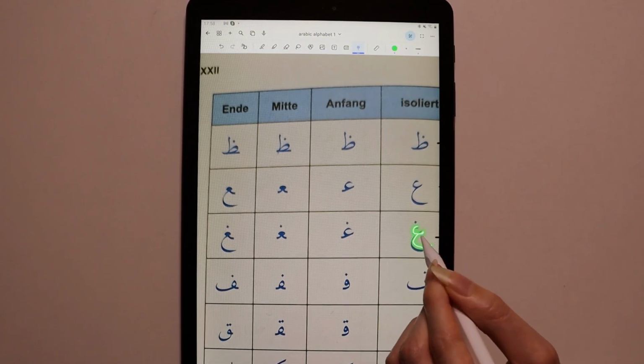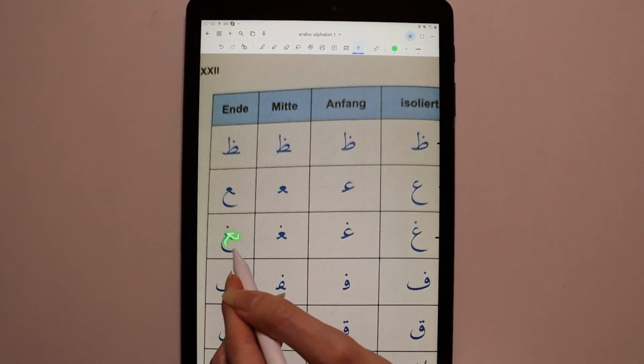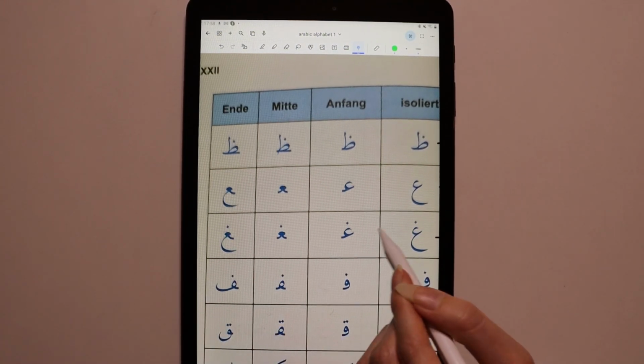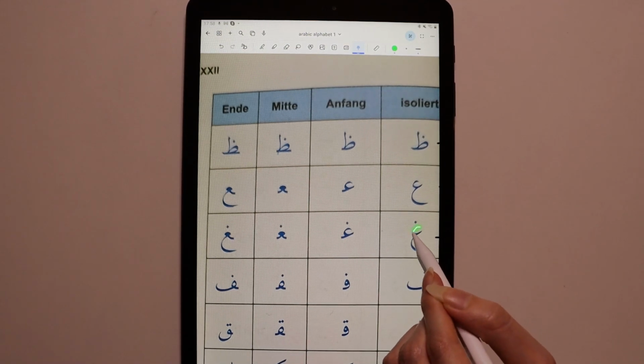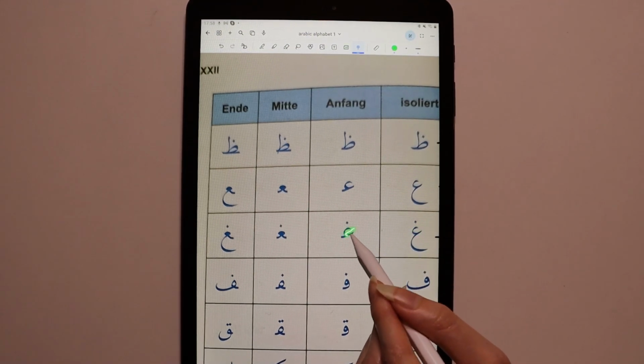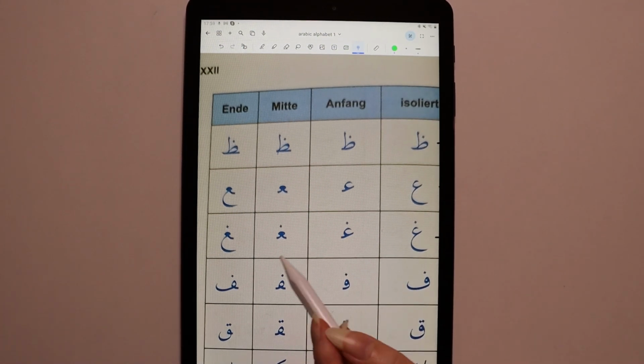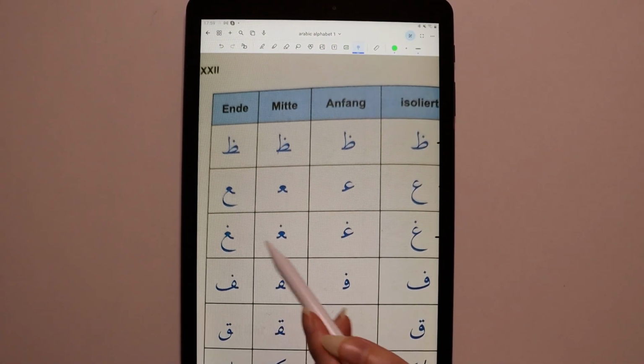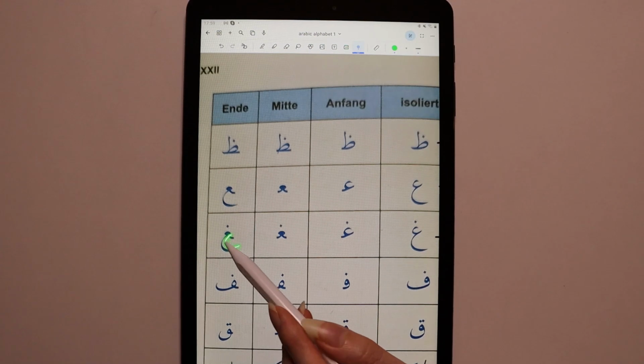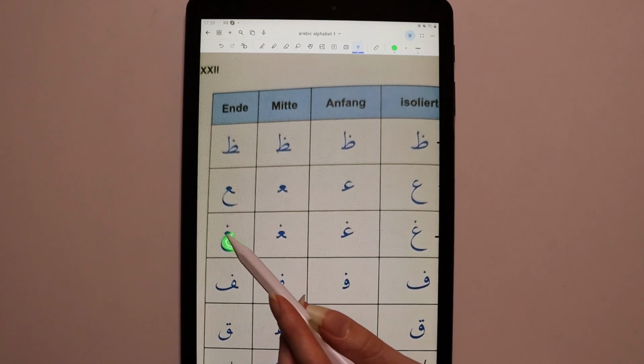So like this, and then like this. And also here, the beginning form looks like the upper part of the letter, but then there is no lower part, you just connect it to the next letter. And the middle letter looks like the end letter, but without the half moon shape line.